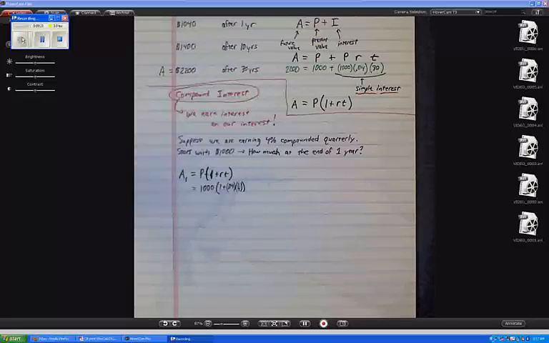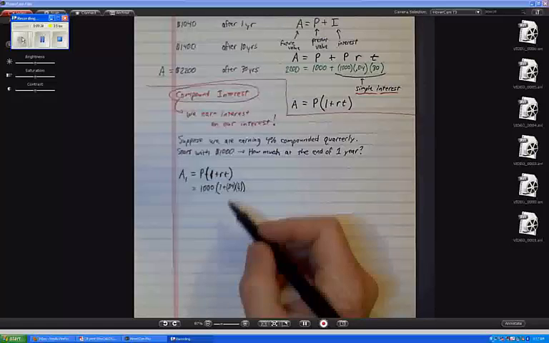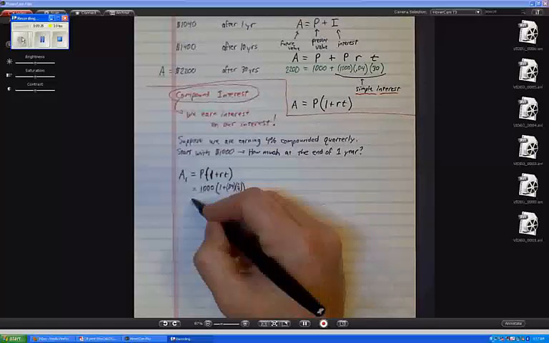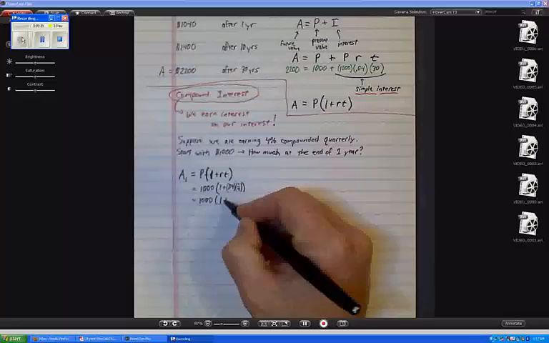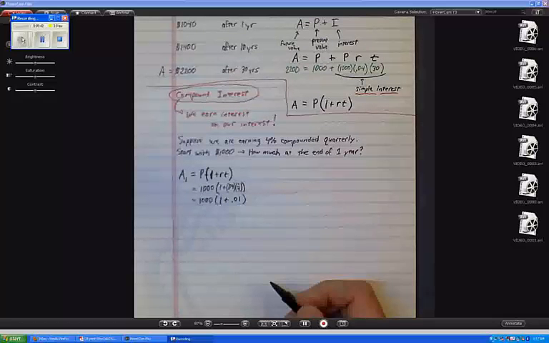Does that make sense to people? Because we're trying to figure out how much after the first 3 months. They're not going to give me a full 4%. Matter of fact, if you work this out, what's a quarter of 0.04? 0.01. I actually did this for a reason. It makes the computation quite easy, okay? So what do we get?